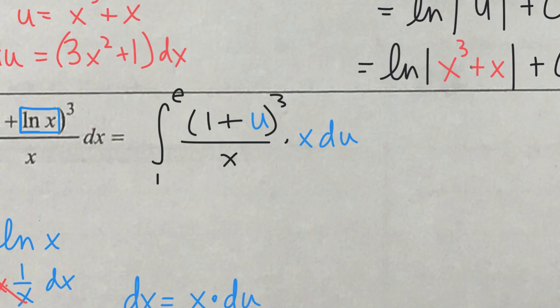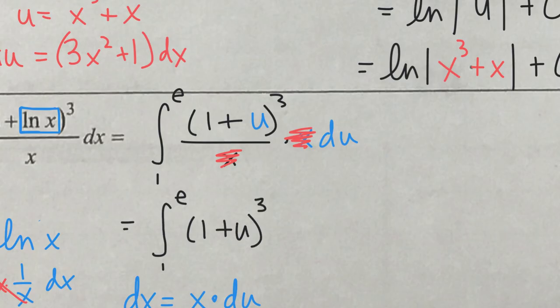Okay, so this is something that we're looking forward to when we do these type of u substitutions. We're looking forward to everything that's not a u dividing out of the equation. That's what we are hoping to happen. If it doesn't happen, then we'll go back and try to do something else. So this is from 1 to e of u, 1 plus u cubed du.